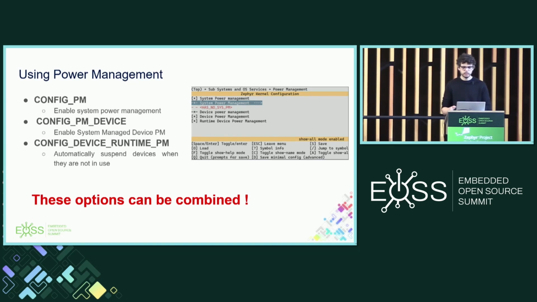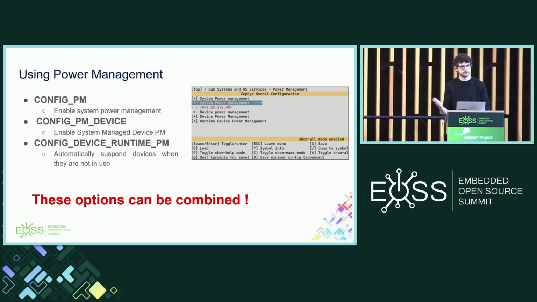And when this is enabled, the idle thread will call the SOC APIs that were mentioned before. The next option is to enable device power management, which makes the system suspend and resume the device when the CPU is idle. Finally, there is the option to enable device runtime power management. The reason we split device runtime power management from the regular system managed power management is to save some resources.